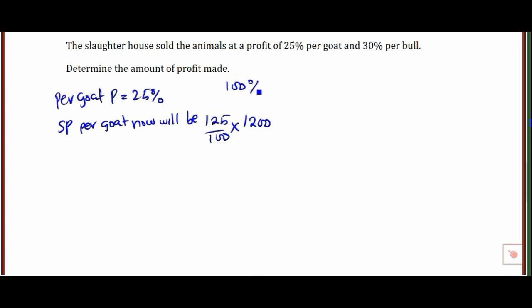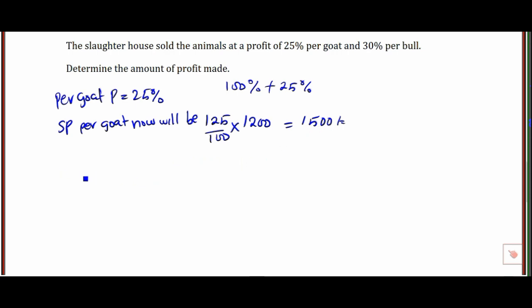Of course, you take 100% plus 25% because it is a profit, but not a loss. And this one will mean a selling price of 1,500 shillings per goat.